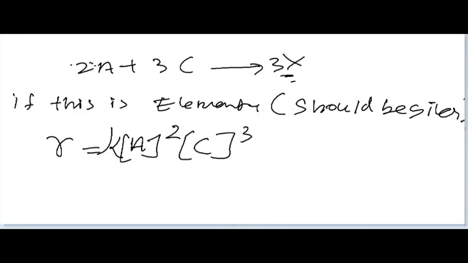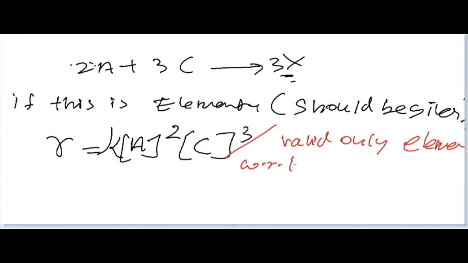Just keep in mind this is valid only for an elementary or one step reaction with respect to the stoichiometric coefficients. If they have not given that it is an elementary reaction, then you can't use this.